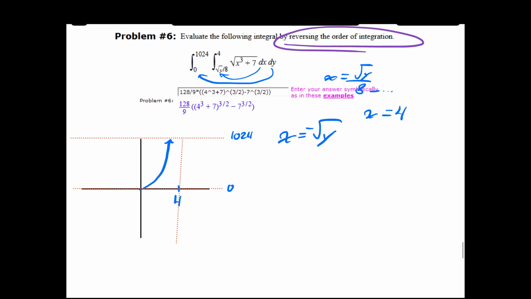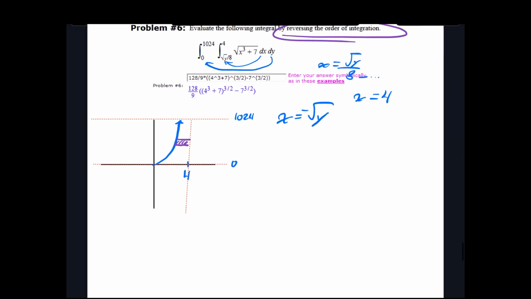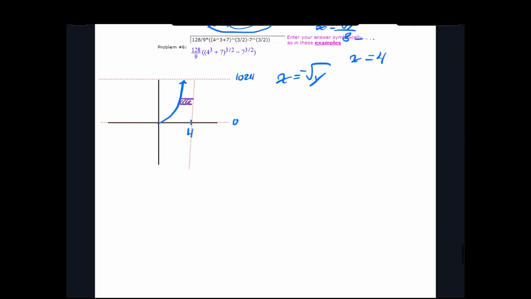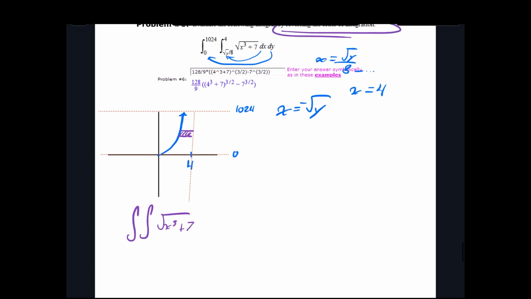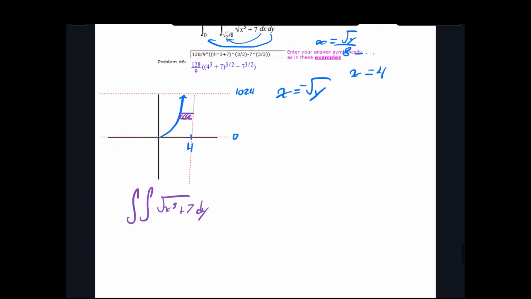And the best way to look at doing this is, if you're going to reach that function, your initial starting point is right here. You're going to reverse the order of integration. What I always like to do is write my initial double integral, my function x cubed plus 7, and then flip the order, so dy and then dx.